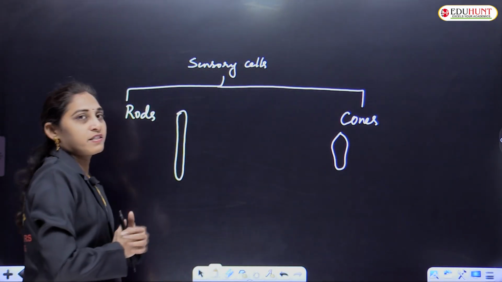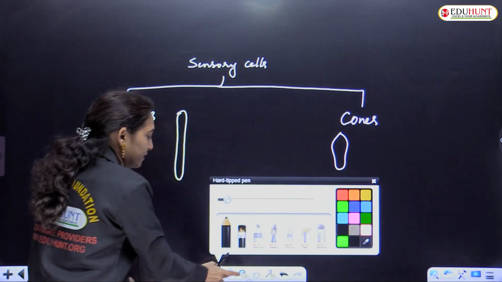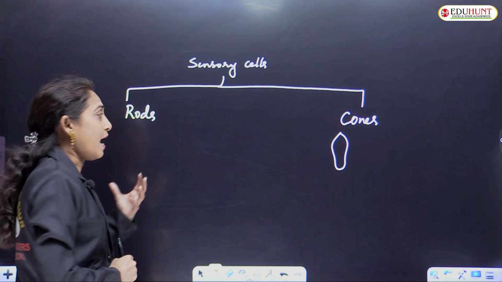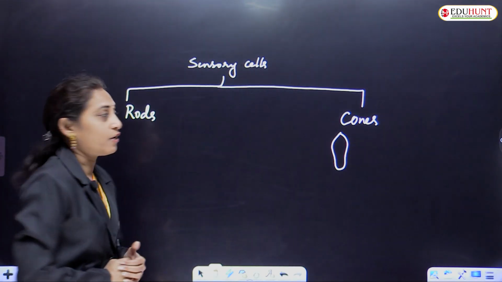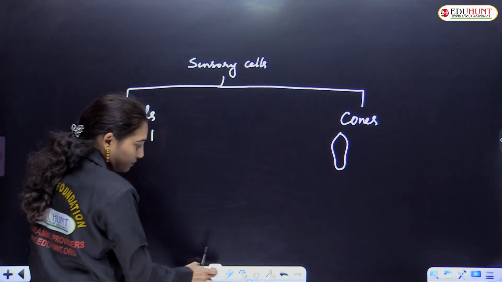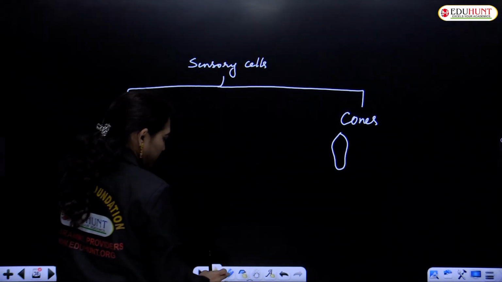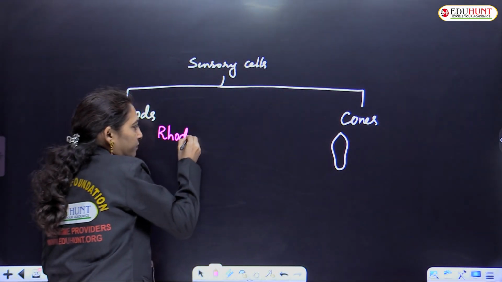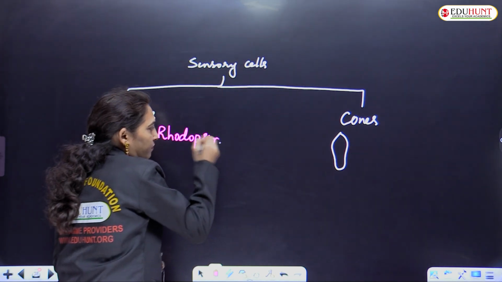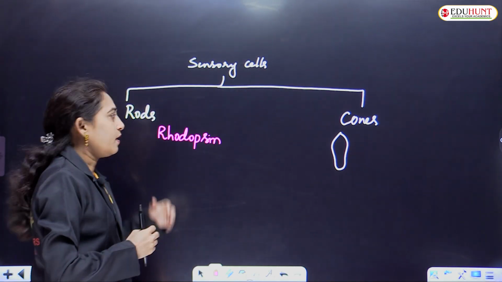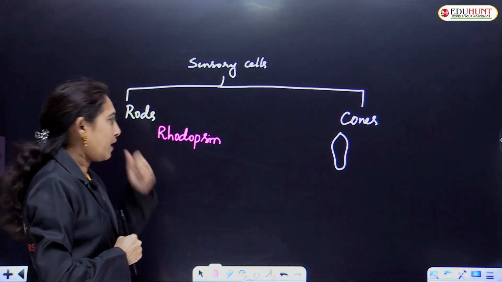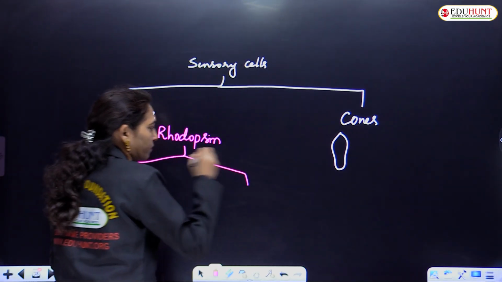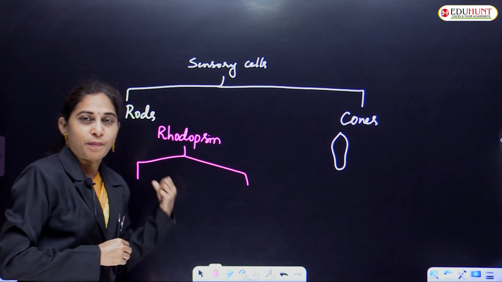Anyway, these rods have a pigment called rhodopsin. This pigment has two parts in it.